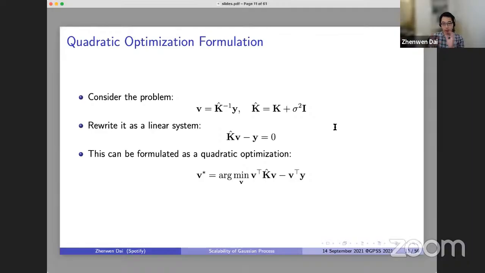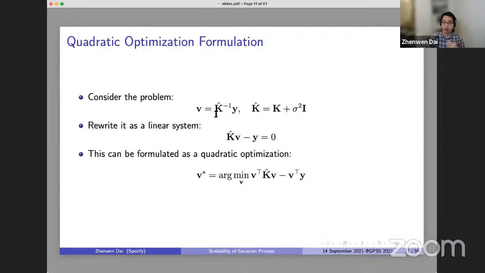First, let's look at how the numerical approximation is actually done. For the time being, let's only consider one side of the cubic term, so let's omit the y transpose in front, because once we have done the multiplication K inverse y, it results in a vector.